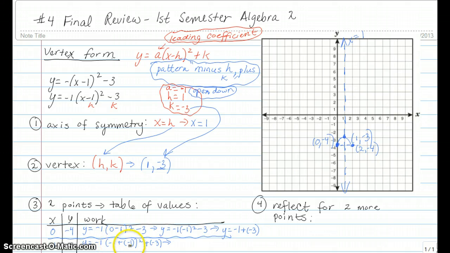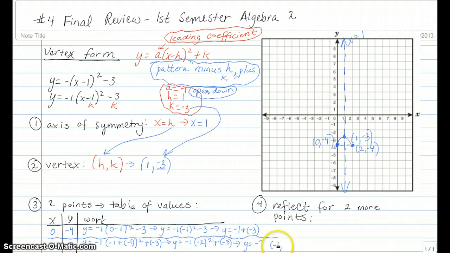So -1 and -1 is -2, so we have y equals -1 times -2 squared plus a -3. I'm going to do some of this mentally just because I don't have that much space. -2 squared is +4 times -1 is -4 plus -3 is -7. So y equals -7. Now if you need to show those steps, you go ahead and do that.